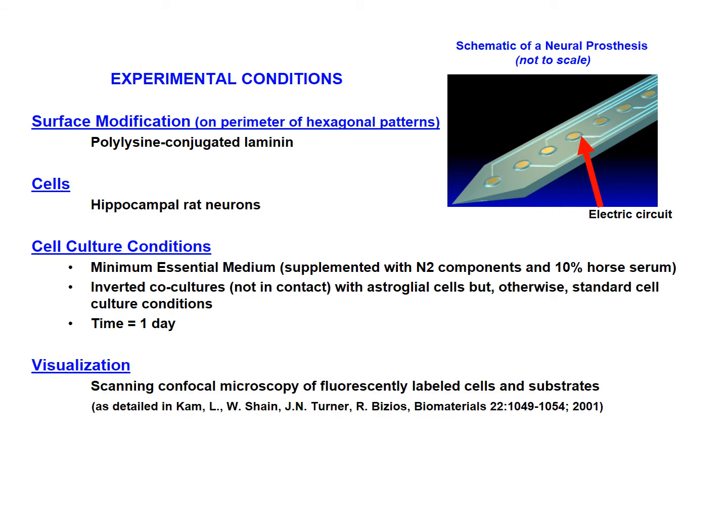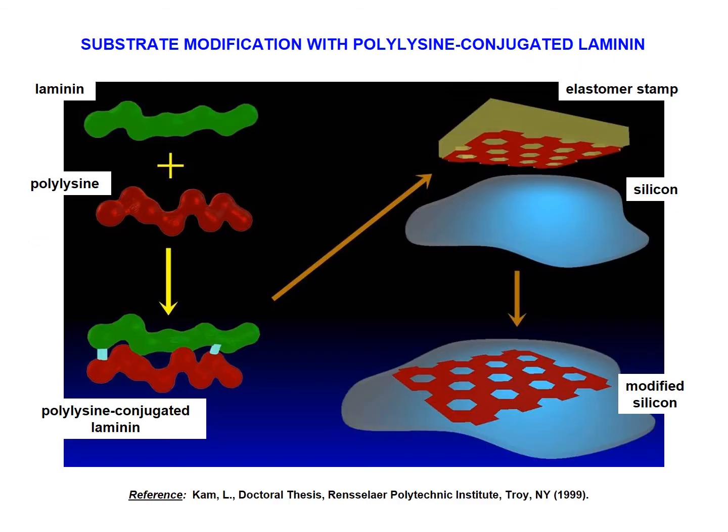Visualization at the end of the experiment was obtained using scanning confocal microscopy, which visualized the specimens in 2 regions, differently stained. One was the area where the cells adhere, and the other was the area on the micropattern surface where the cells did not adhere.